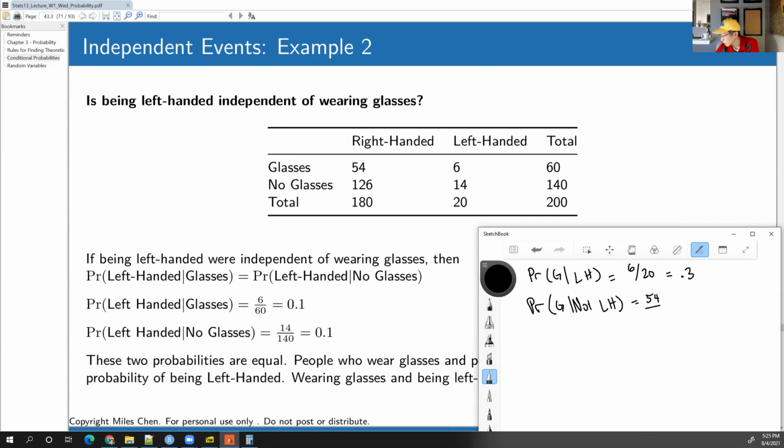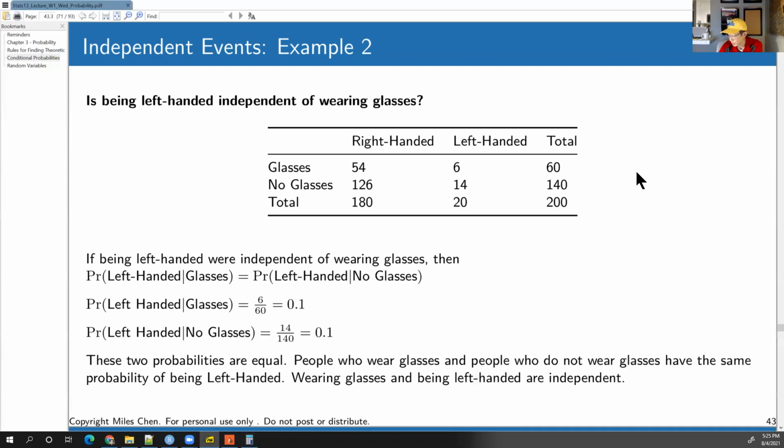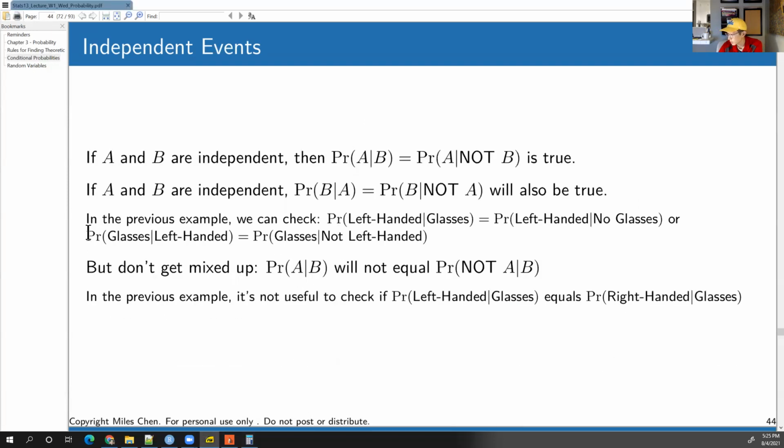We have 54 divided by 180, which is also 0.3. Both of these things are 0.3, and therefore they are equal, so that means they are independent. So we could have done that: probability of glasses given left-handed is going to be the same as probability of glasses given not left-handed.